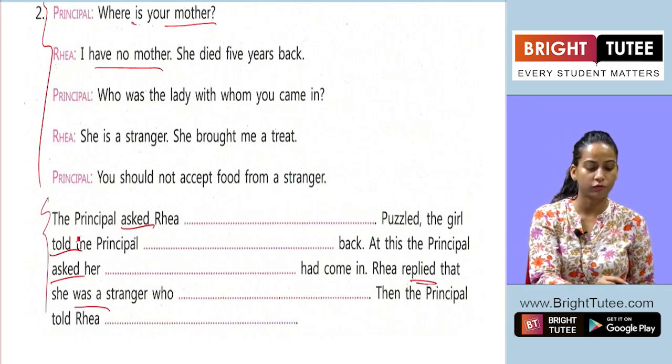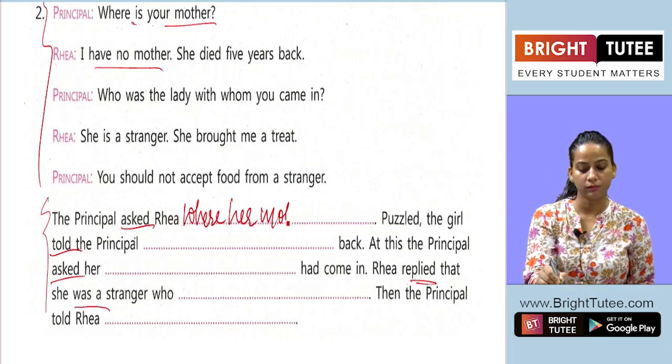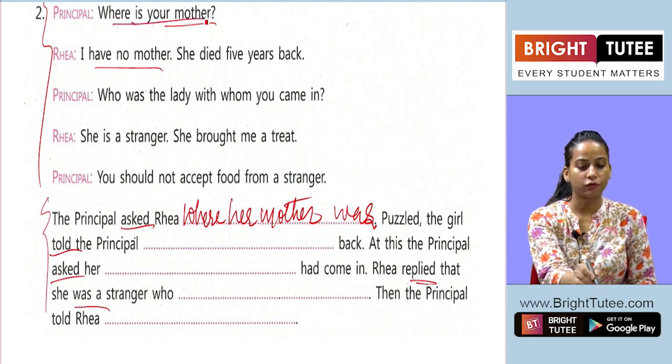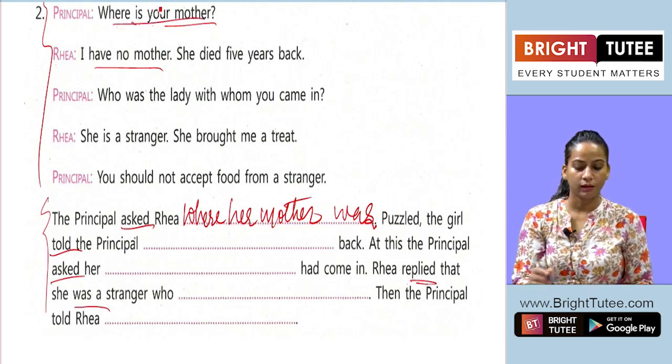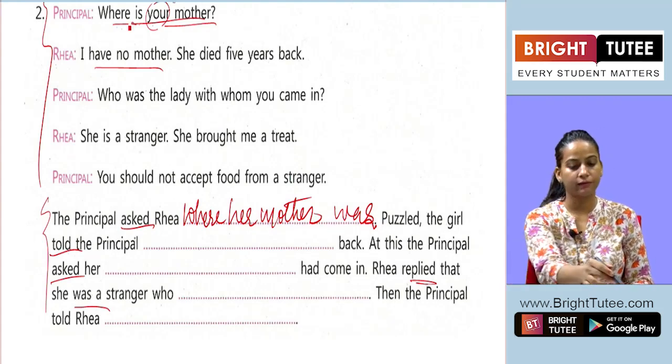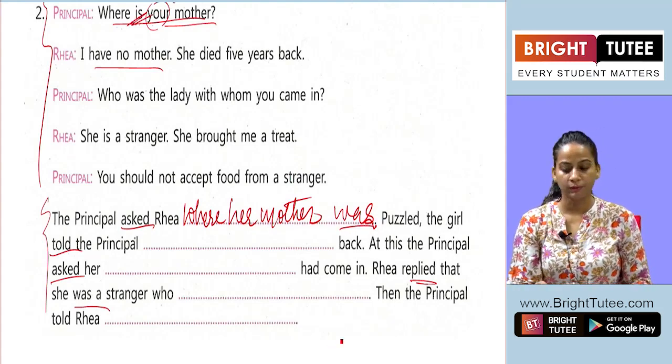So we have to write here the principal asked Riya where her mother was. Clear? Because this we have to change. Where is your mother? So where is her mother was. And "is" we have changed to "was".